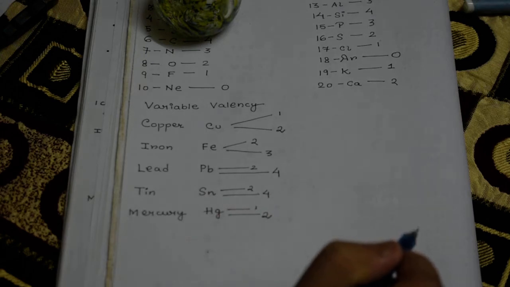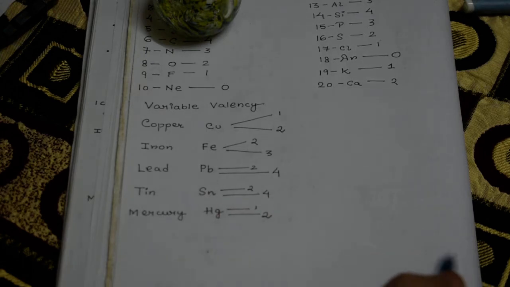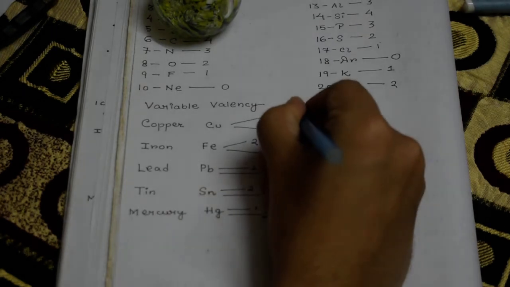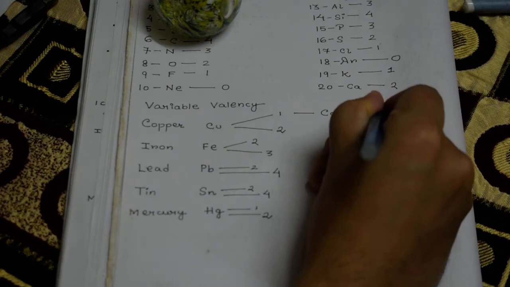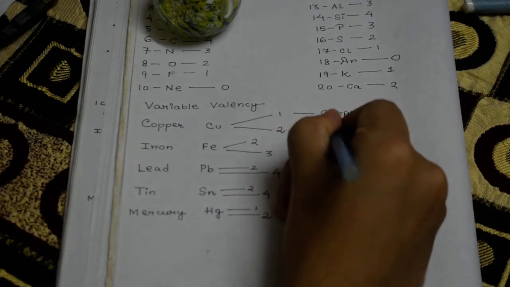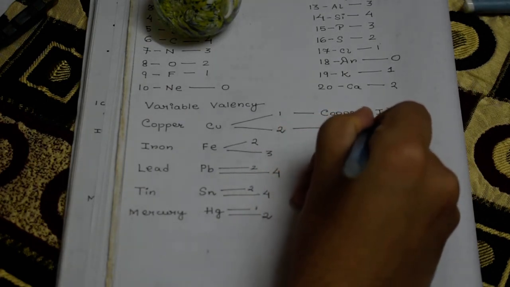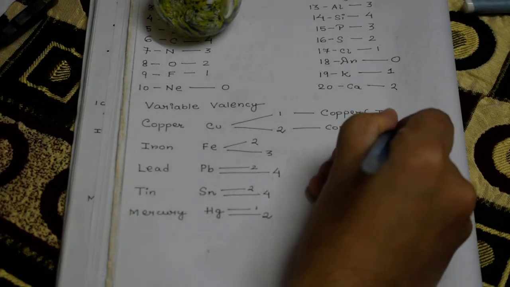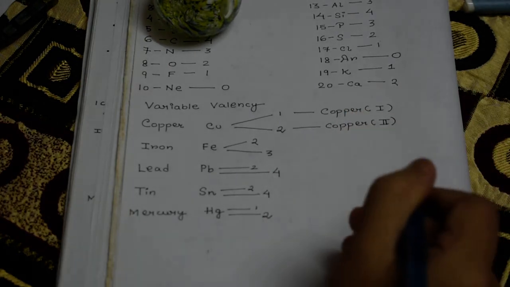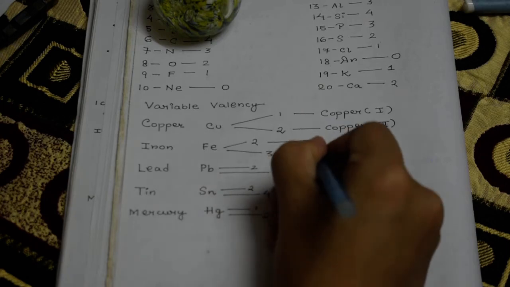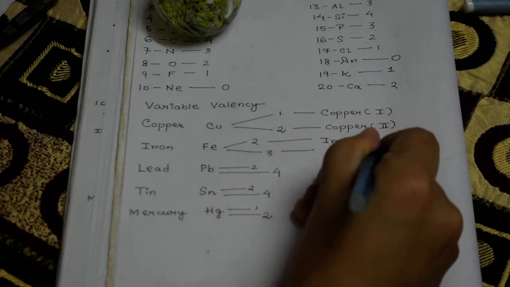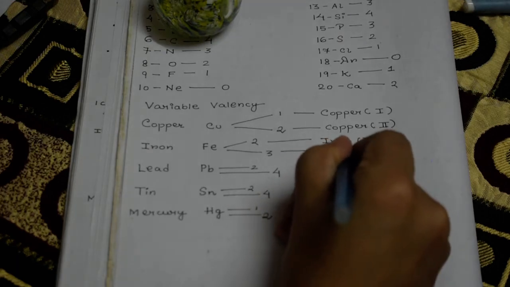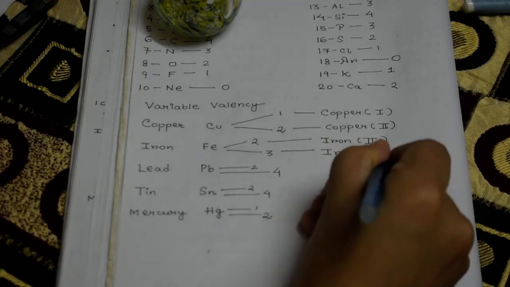Now how do we name them? If it's valency 1, we simply write copper within brackets, Roman numeral 1. For 2, we write copper within brackets, Roman numeral 2. As simple as that. Similarly, for iron, the first one is iron within brackets Roman numeral 2, and the second one is iron Roman numeral 3.